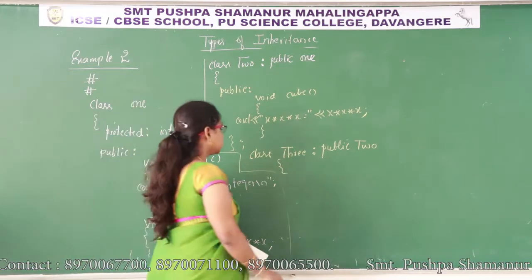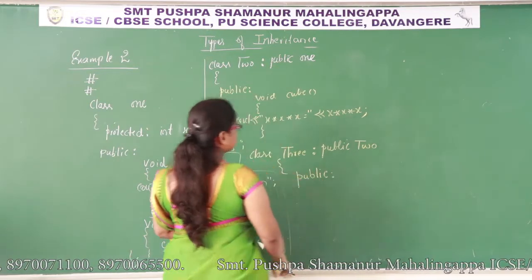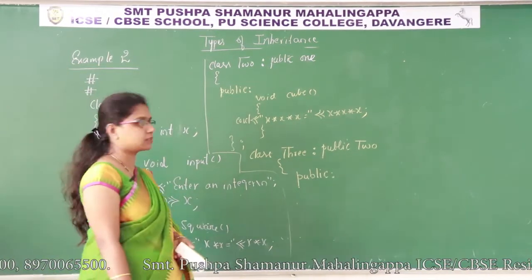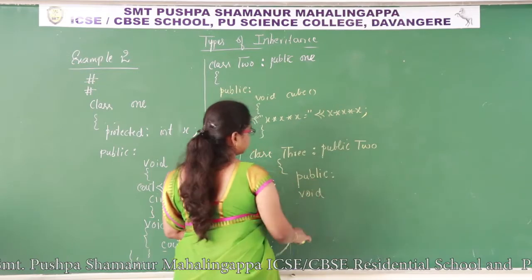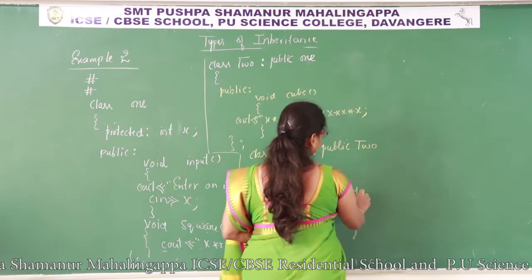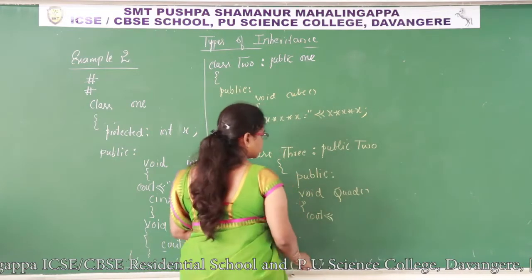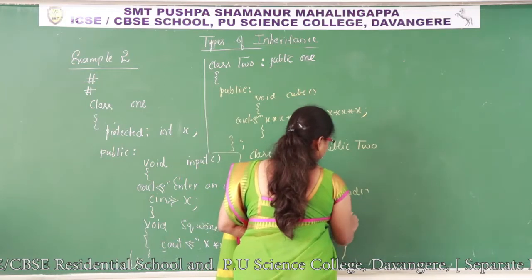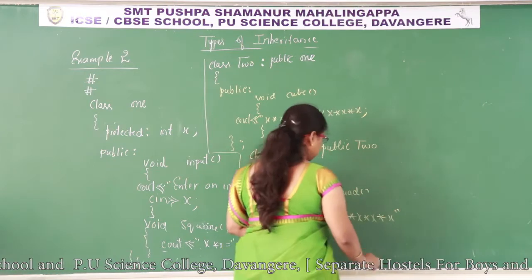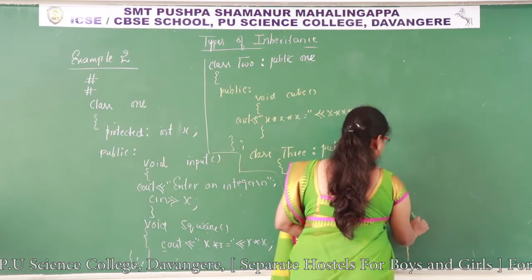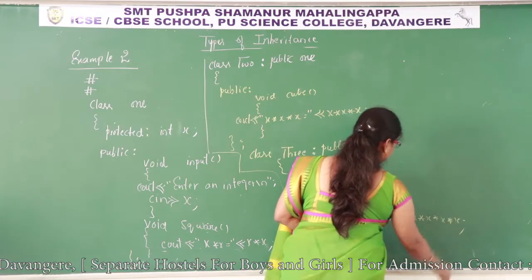Okay, now in the public section, void quad, I'll take the function name as quad, cout within double quotes x into x, insertion x star x.